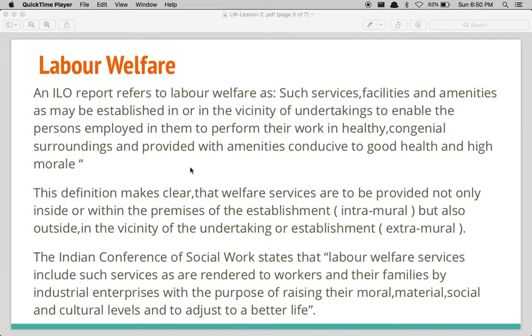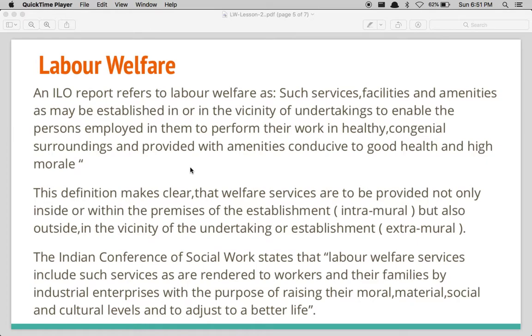These are examples of intramural activities, that is, within the factories or the establishment. Examples of extramural activities are housing accommodation, indoor and outdoor recreation facilities, amusement and sports, educational facilities for women and children, provision of libraries and reading rooms, etc.